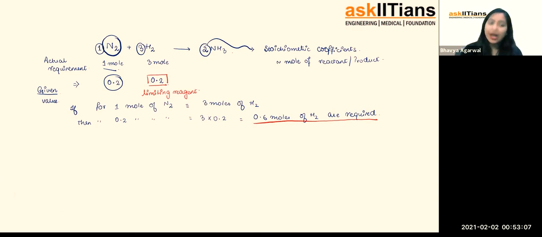It limits the value. Apart from the limiting reagent, all the other reactants are excess reactants. So nitrogen is in excess and hydrogen is limiting.